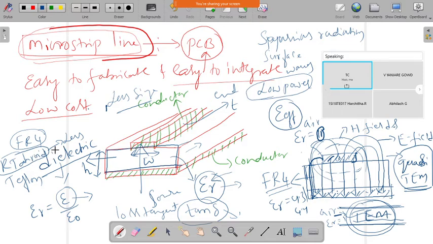So now how does the EM wave propagate along or through this structure. The EM wave propagation in this conductor is non-dispersive in nature below its cutoff frequency.